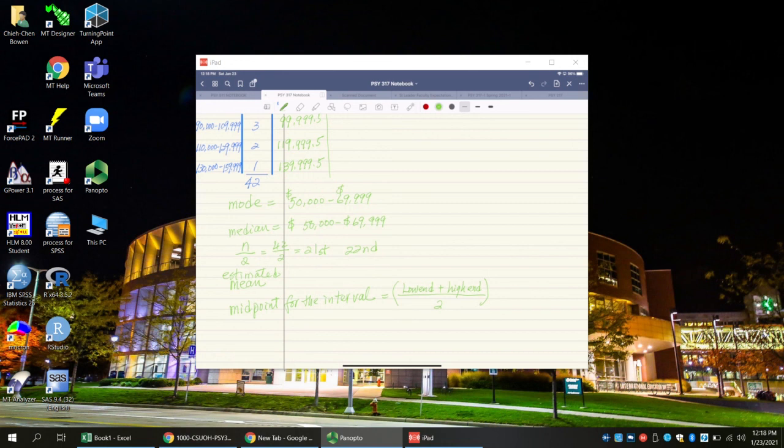Once you finish calculating the midpoints, let me give you the estimated mean formula. The estimated x bar is going to be the summation of f times x midpoint, because it's a frequency table, so we might as well put the frequency right there, divided by n.